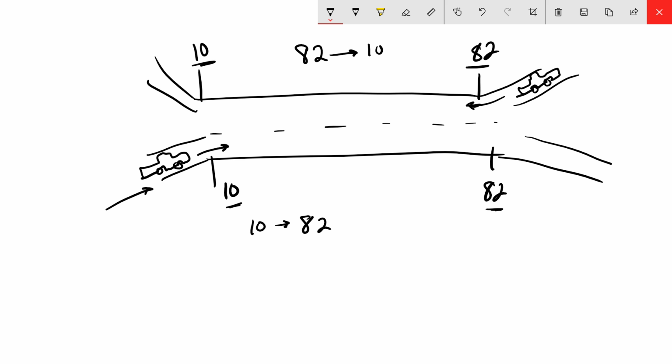All right, and nowadays, as I say, mile marker, they even have the exit numbers or the miles, okay?